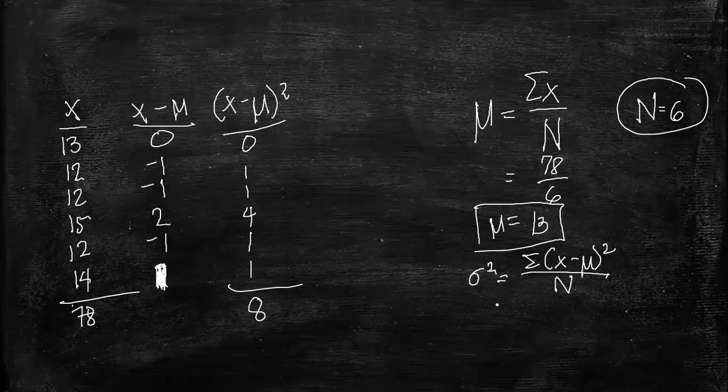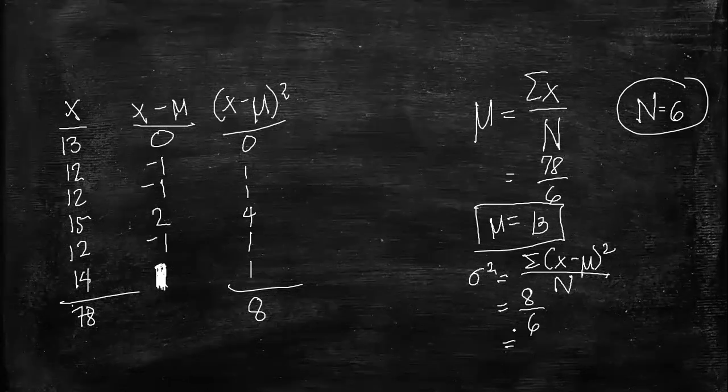8. So using the formula, sigma squared is equal to the summation of x minus mu squared over n. So we have 8 over, anong n natin? 6. So we have 8 divided by 6. Ilan yan? That would be 1.33. Bakit class?